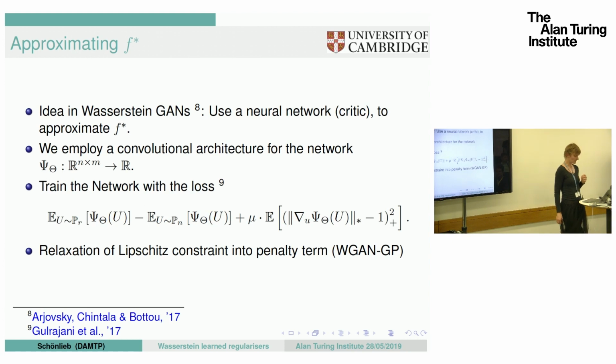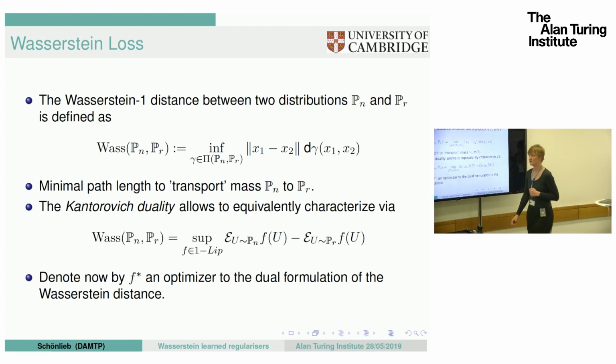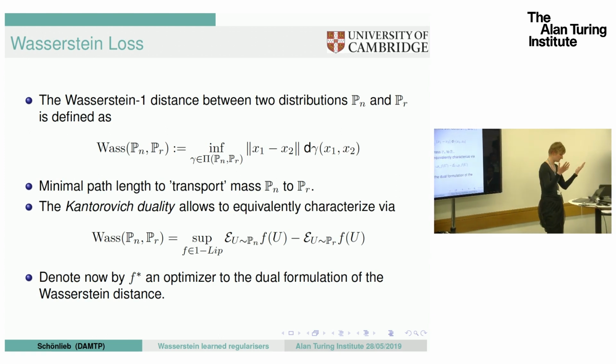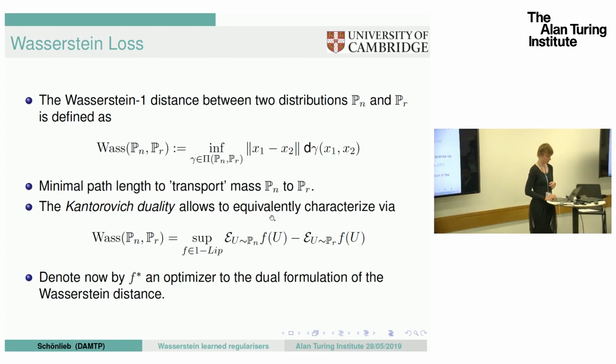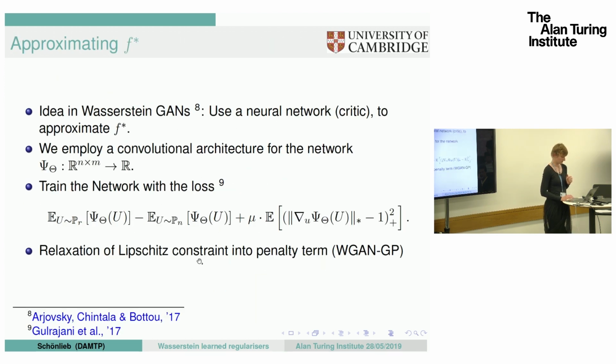Now, if you go back here, the question is how do you compute such an F? And here is where neural networks come in. In order to compute this, I just parameterize F with a neural network. This is the idea. And I need to do something with this constraint that I'll tell you in a second.